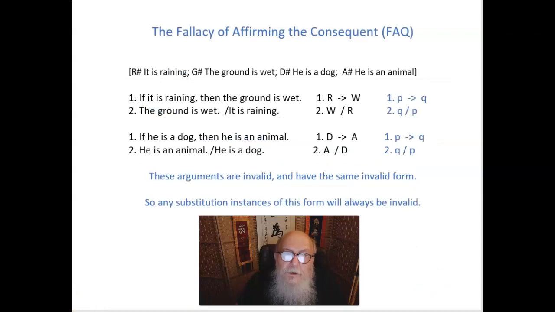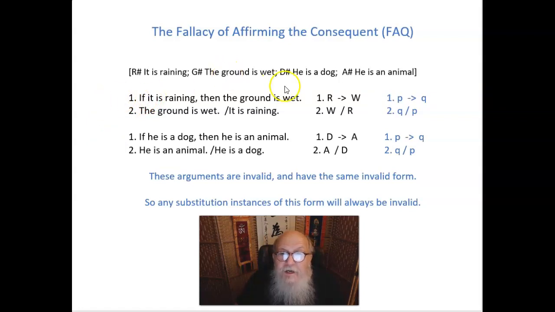The first supervillain of logic is called the fallacy of affirming the consequent. Right? Remember, this is the antecedent and this is the consequent. Remember our terminology, right? So consider two arguments. Suppose I said, if it's raining, then the ground is wet. The ground is wet, therefore it's raining.